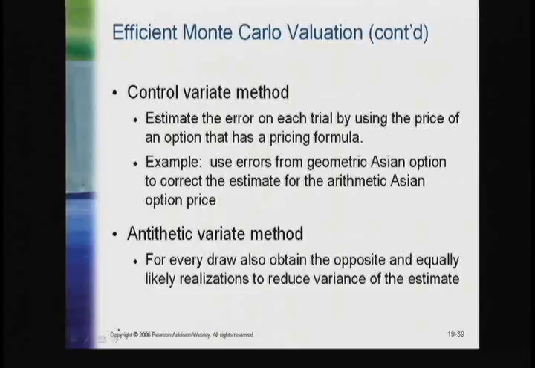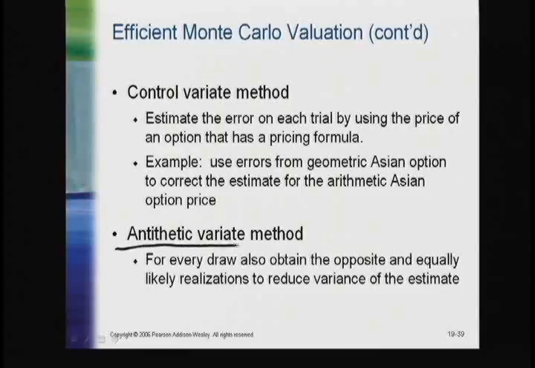So you can imagine various ways in which you might just say, well, the difference between an American and a European option, that's part of a control. And if I know that difference in a simple contract, maybe I can use that as an error estimate for the difference between European and an American option on a complicated contract. And then I just estimate the European values and adjust them to the American values.